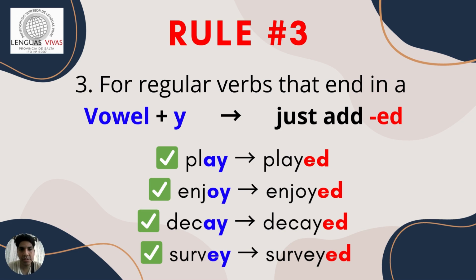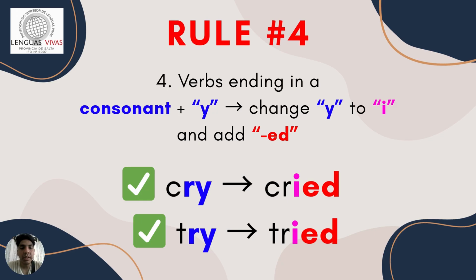And now let's see rule number four. This is for verbs that end in a consonant plus a letter Y. Again, the consonant and letter Y are in blue. And what you have to do here is to make a change.